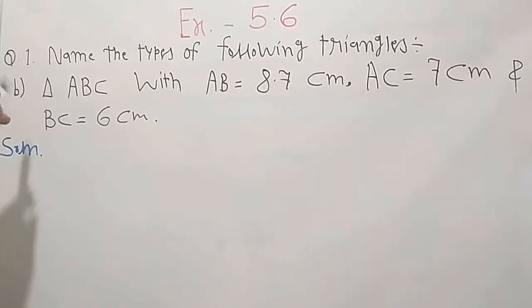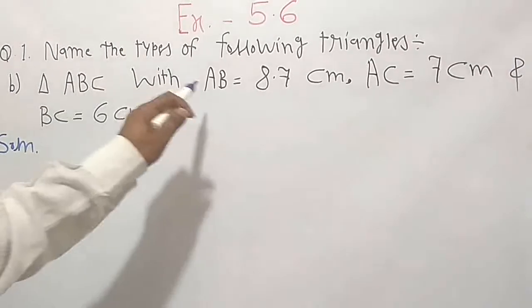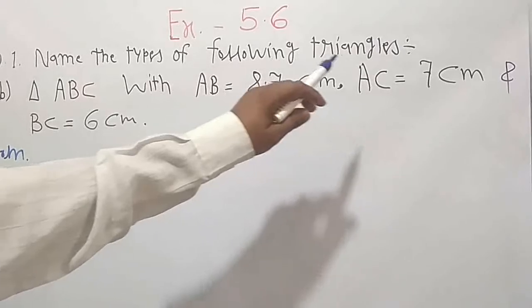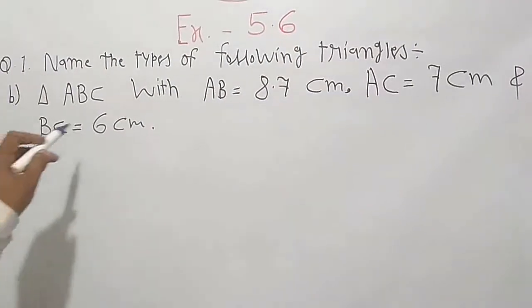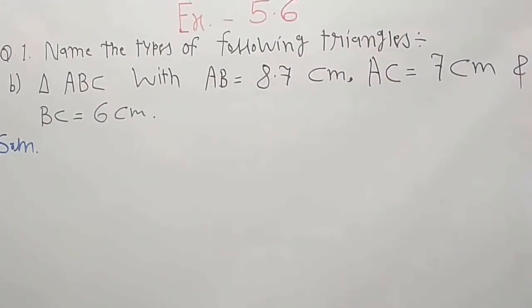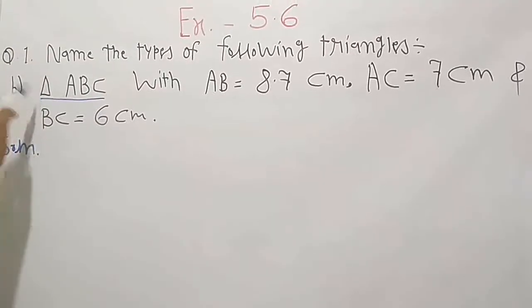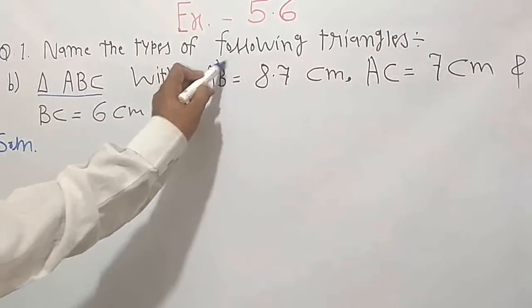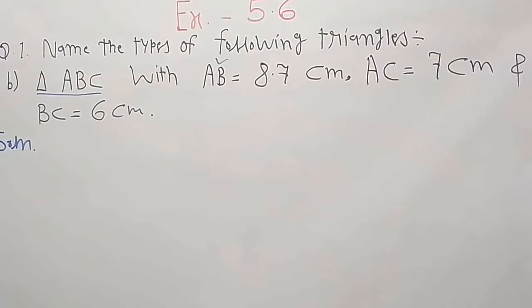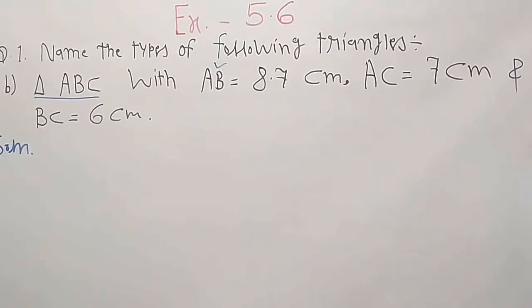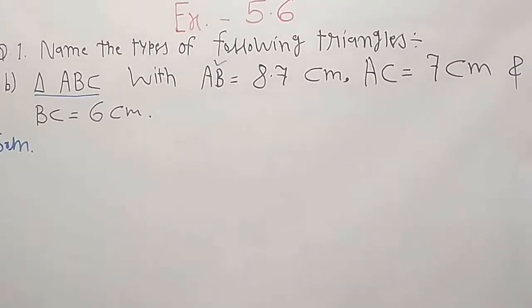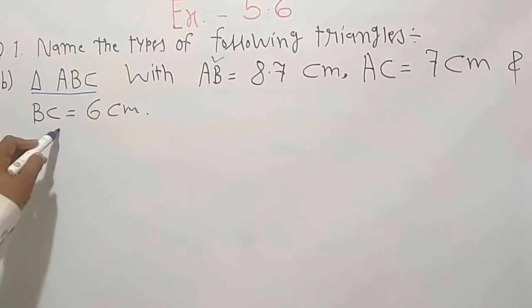Now the B part, in which triangle ABC with AB equal to 8.7 cm, AC equal to 7 cm and BC equal to 6 cm. Again, it is the measurement of a triangle. The first side has the measurement of 8.7 cm. The second is AC equal to 7 cm and BC equal to 6 cm. So first we write what is given.